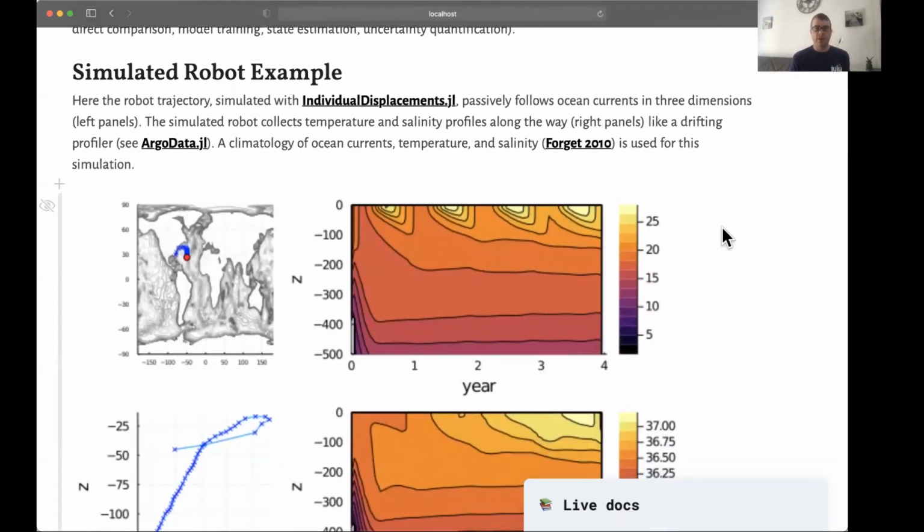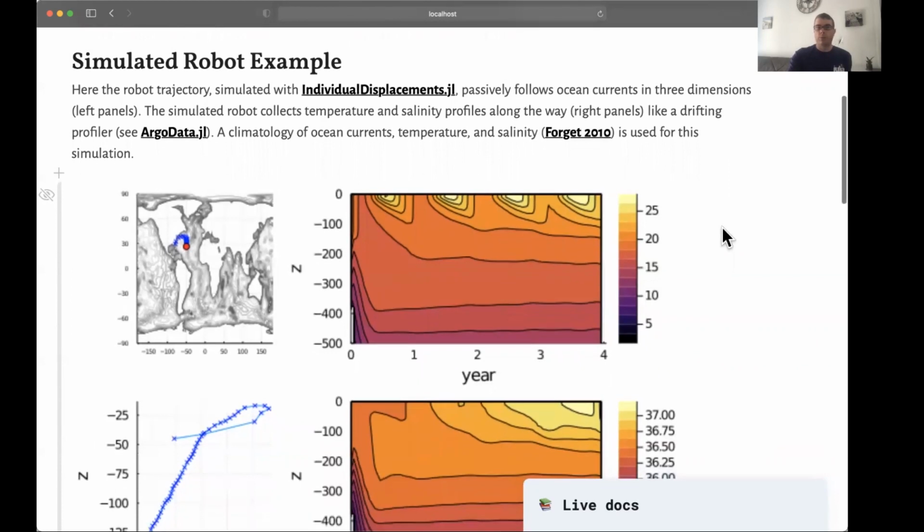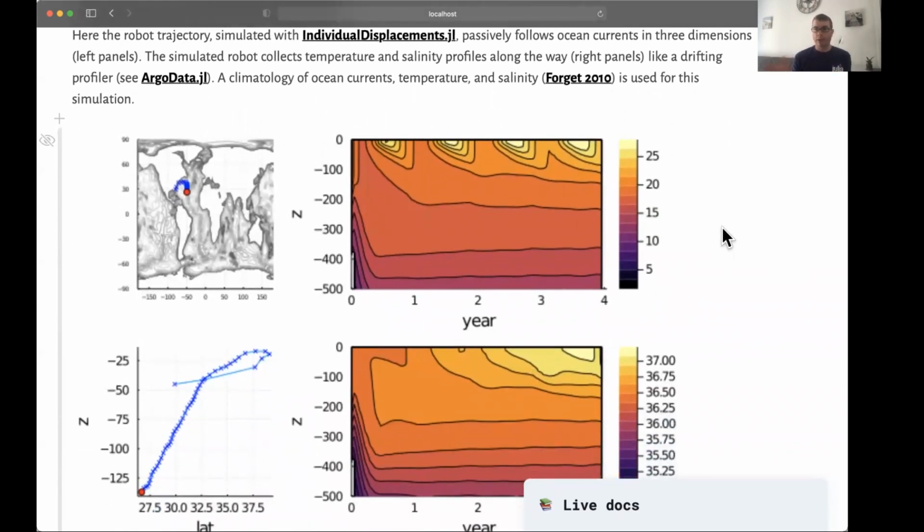This depiction is a simulated robot which passively follows ocean currents in three dimensions. The simulation was done with the IndividualDisplacements.jl package to compute the trajectory, and the robot collects data along the way of temperature and salinity profiles, which are shown on the right-hand side.